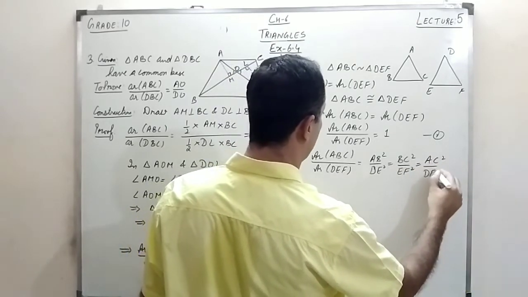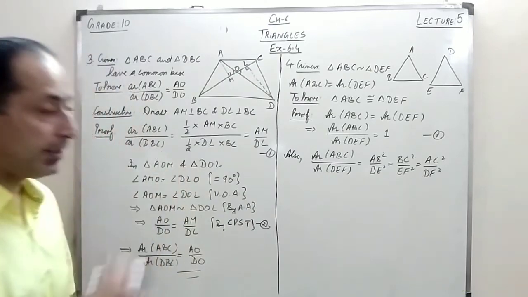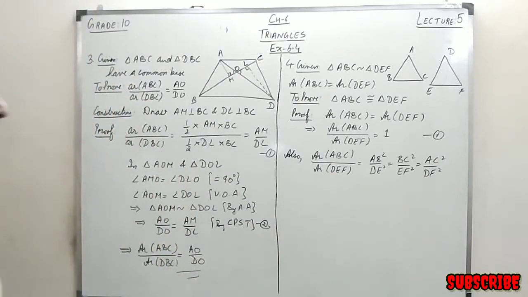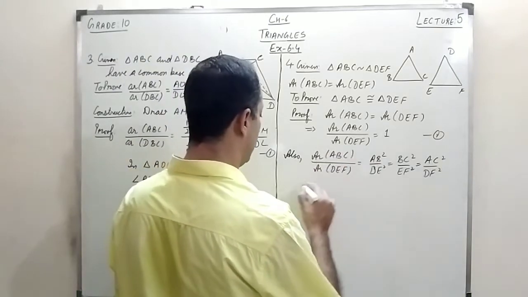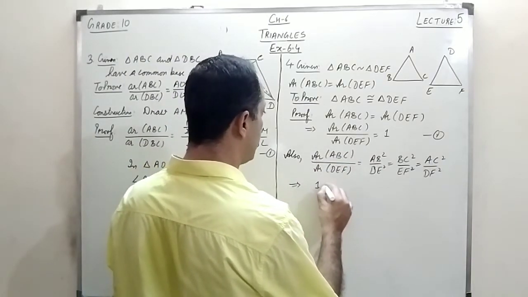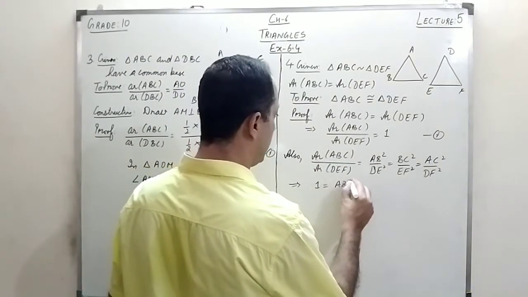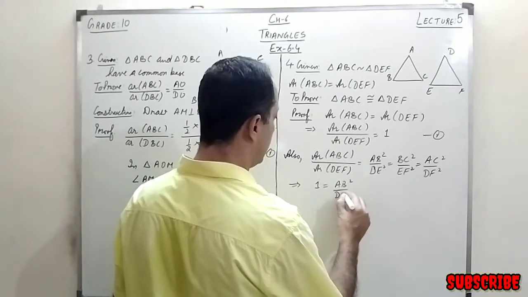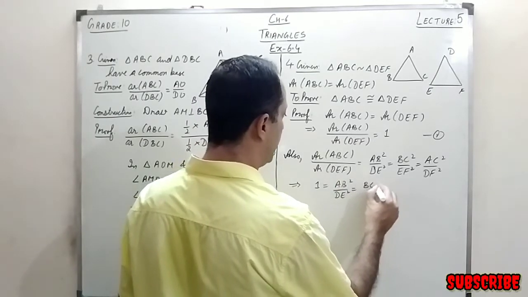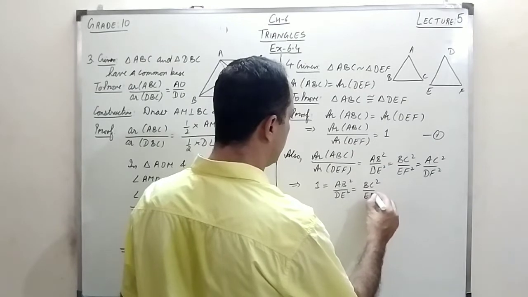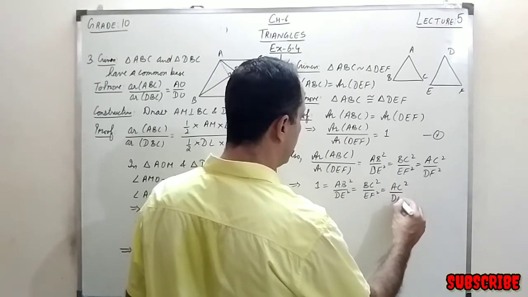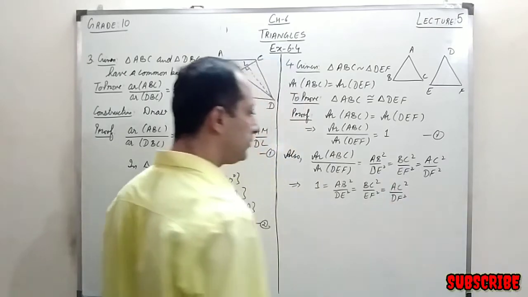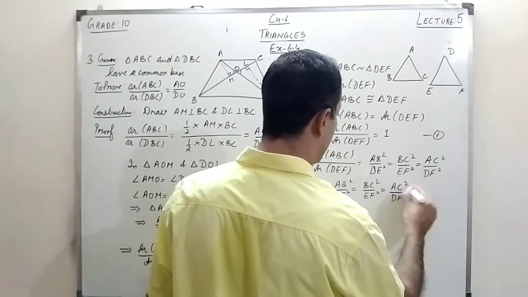So this is what we can write. This is AB square by DE square equal to BC square by EF square equal to AC square by DF square. Now since this is 1, I can write 1 equals to AB square upon DE square equals to BC square upon EF square equals to AC square upon DF square. This is the thing I can write.